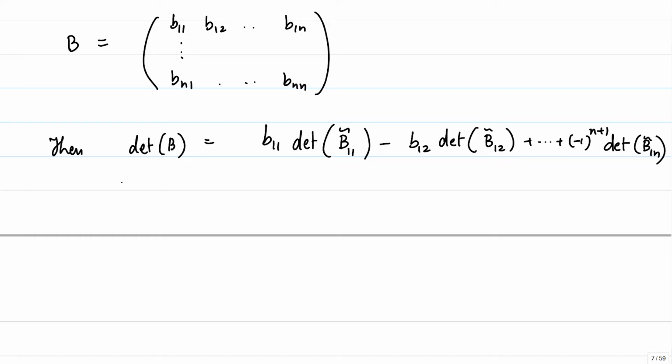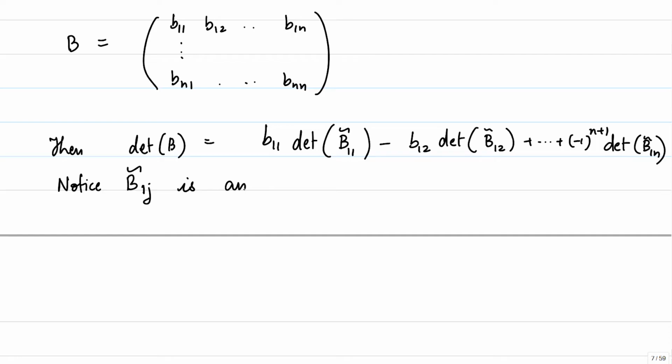Now notice that B1j tilde is an n minus 1 cross n minus 1 matrix. B11 tilde, for example, was the matrix obtained by deleting the first row and the first column.